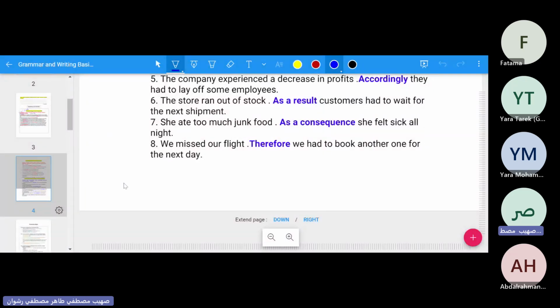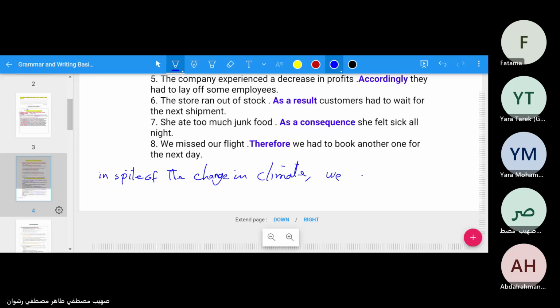Look at this sentence. In spite of the change in climate, we still live peacefully. This sentence is followed by what?